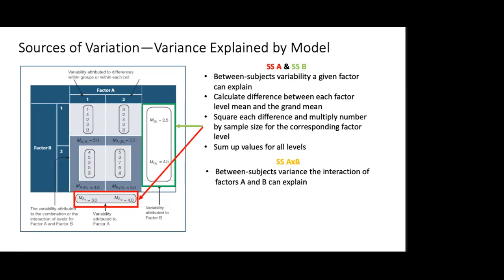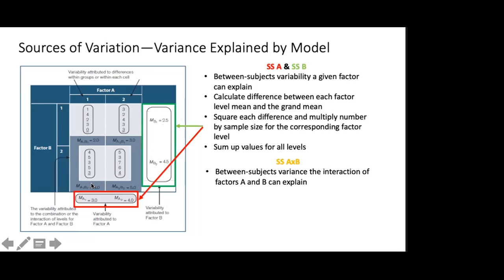All right. And then the same way we can do that for B, right? So the model variability that is accounted for by factor B, that would just be the effect of B, right? So it's the average across the levels of A. Here it's 2 and 3, so the average is 2.5.